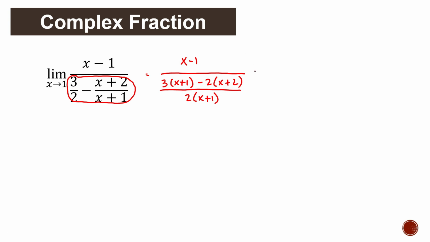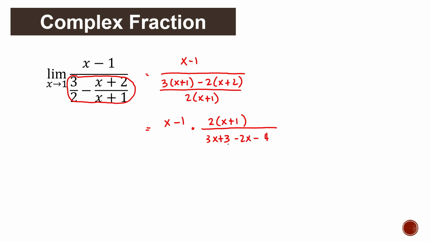So let's simplify this. Let's put it this way here. So x minus 1 times the reciprocal of the entire denominator. So this is 2 times x plus 1 over 3 times x plus 1 is 3x plus 3. Negative 2 times x plus 2 is negative 2x minus 4.